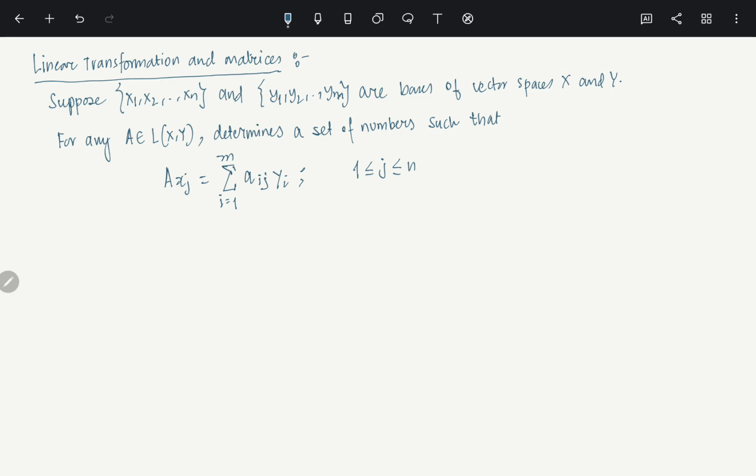What is happening is that we can visualize this as a rectangular array of m rows and n columns, which we call an m cross n matrix.